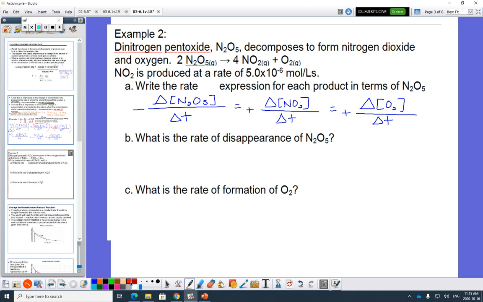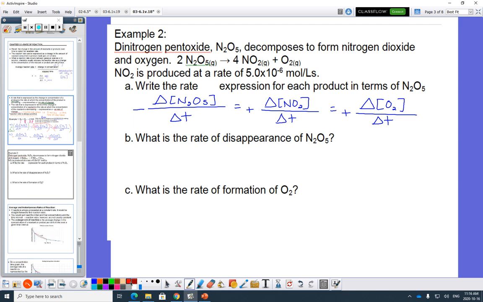Let's say you were given this question. Most students would actually pick oxygen to start with because it has a coefficient of 1, and then it's sort of easier to relate the other ones to it. That's a trick you can use if you want, but it doesn't really matter. Okay, so this one says N2O5.